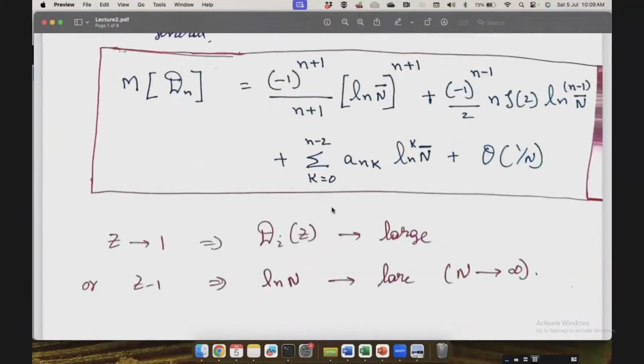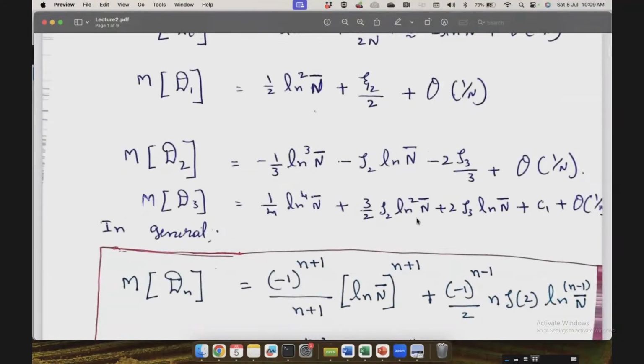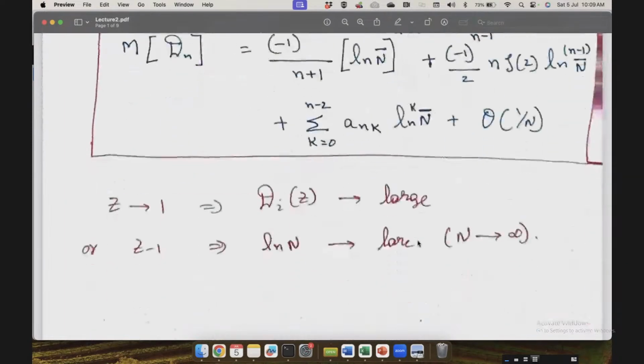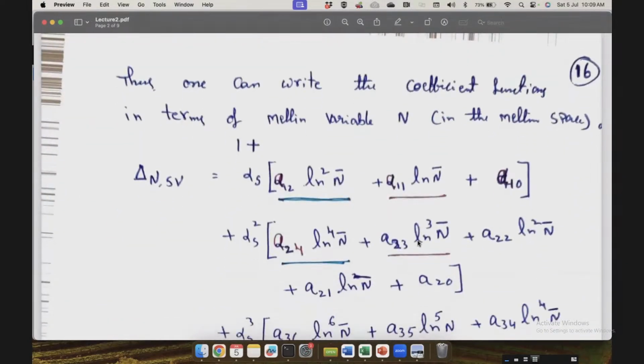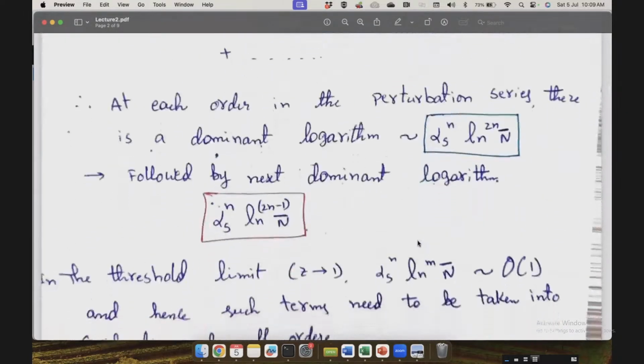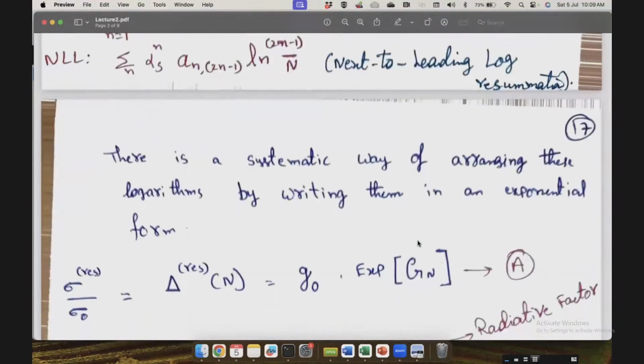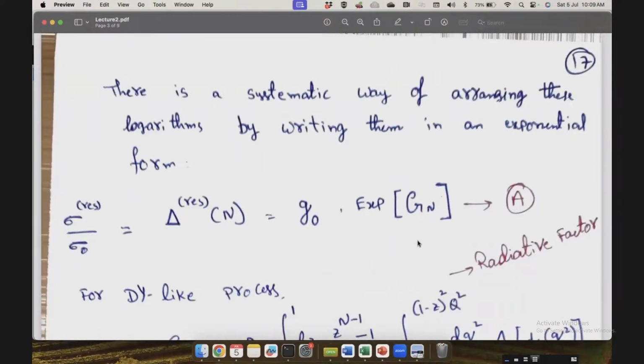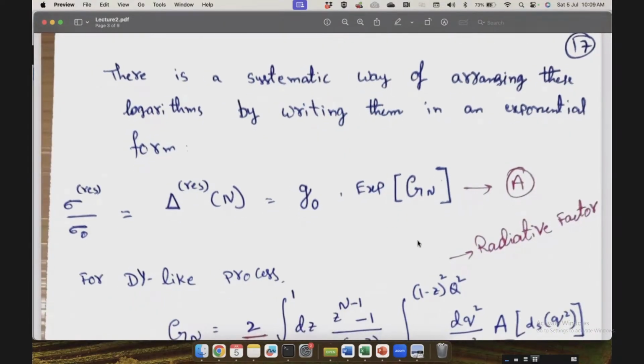But if you want to systematically sum only a particular power of logarithms in the N space, then it is better to rewrite it to identify which tower I have to take. That comes from years of effort, and it is simply encoded in a formula, what we call a resummation formula. Right now I'm just giving a basic sketch of that.